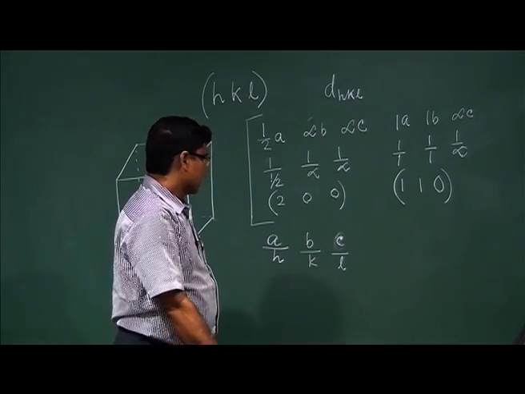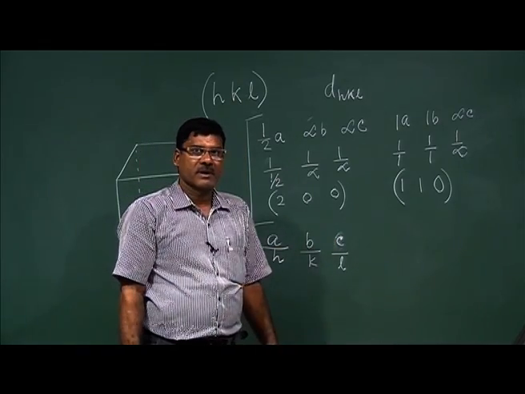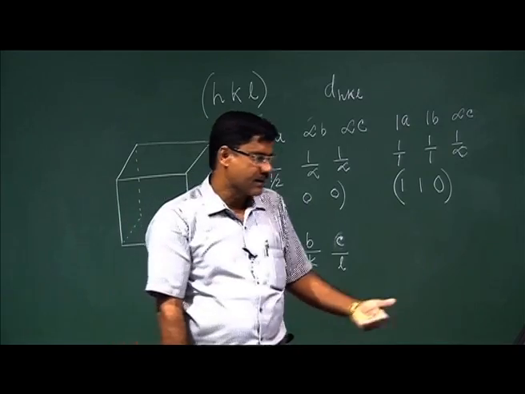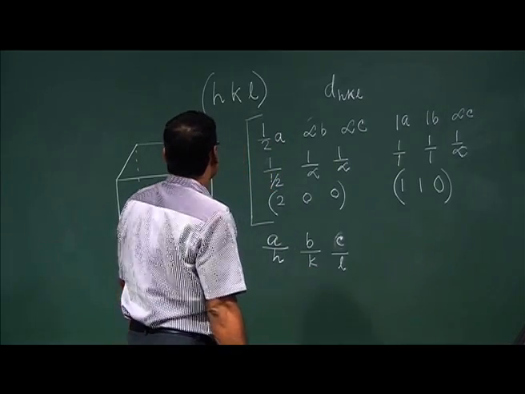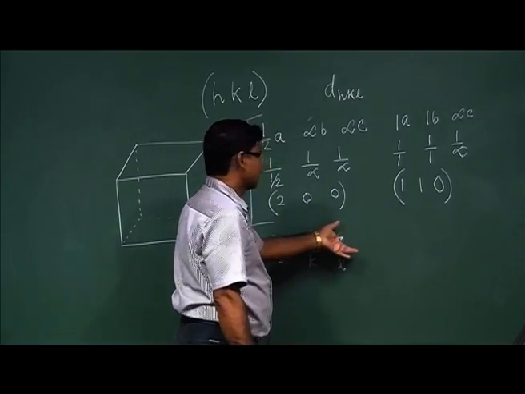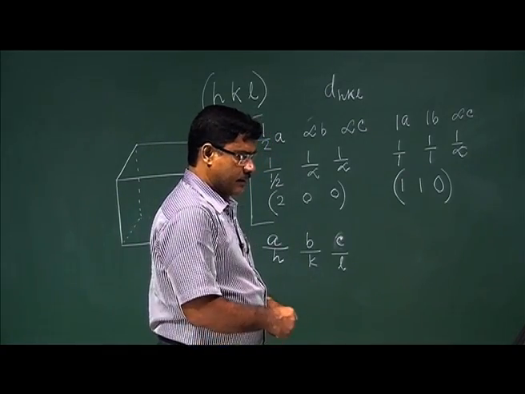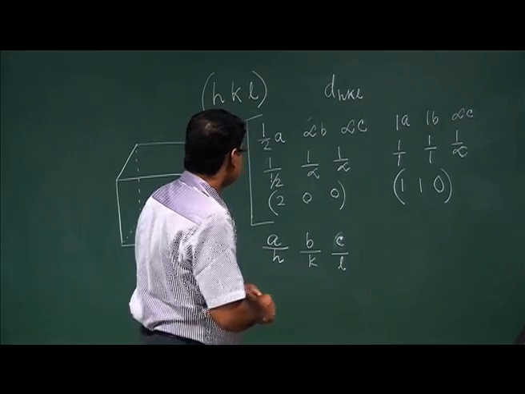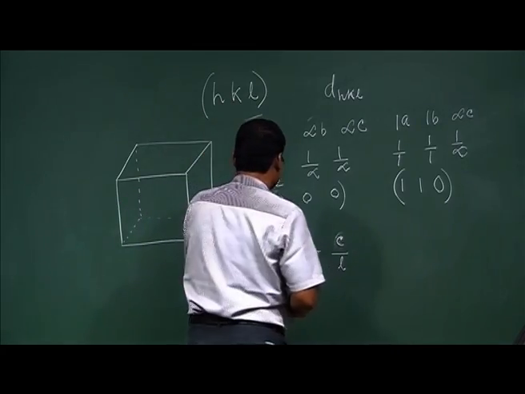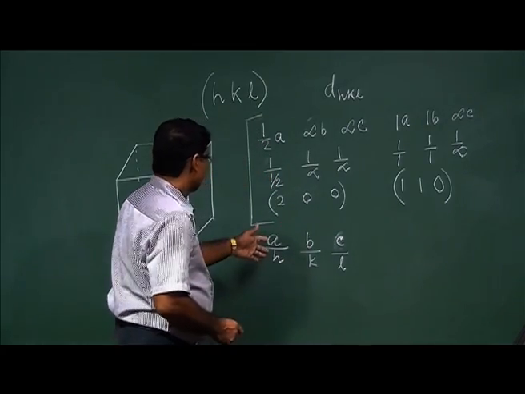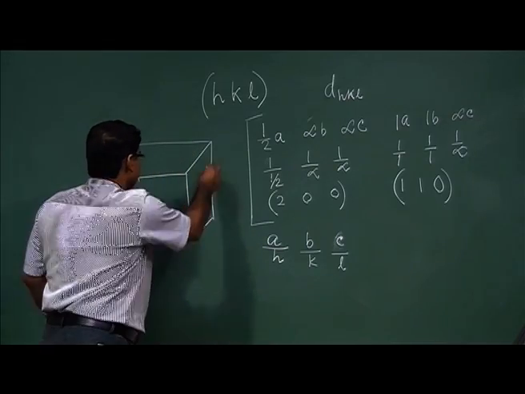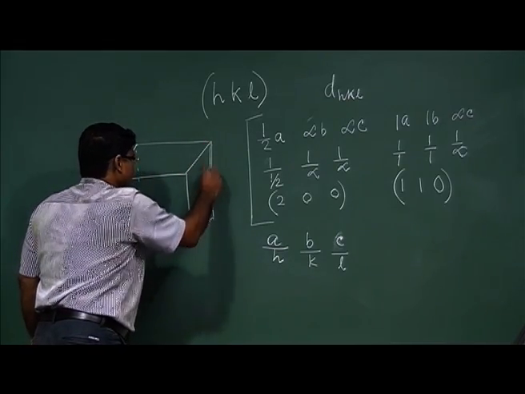So, if I know the plane, then I can get the intersecting length on the axis.